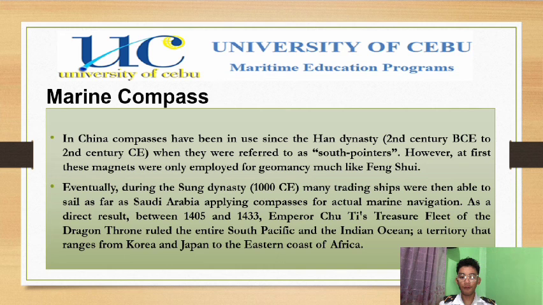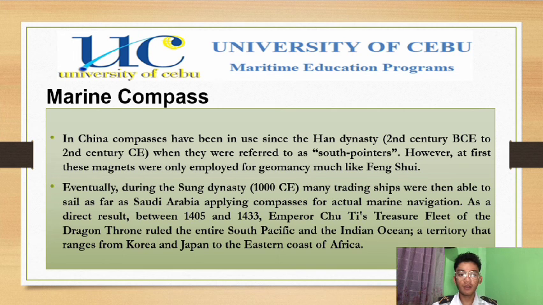However, at first, these magnets were only employed for geomancy like feng shui, because the lodestone would have been seen as possessing magical properties, and hence these compasses functioned as tools of geomancy used to foretell the future.